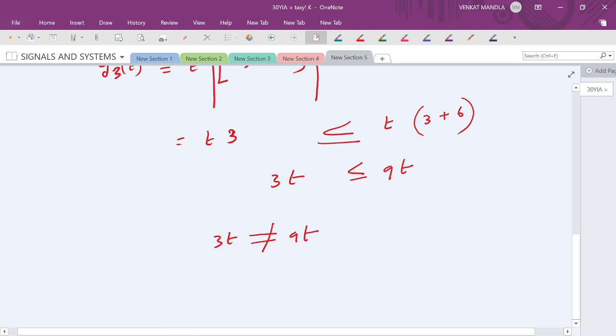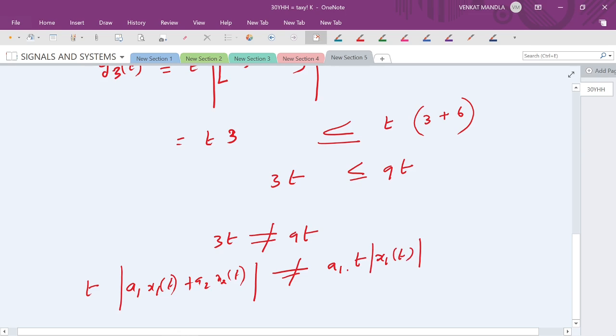So t into mod of a1 x1(t) plus a2 x2(t) is not equal to a1 t into mod x1(t) plus a2 t into mod x2(t).